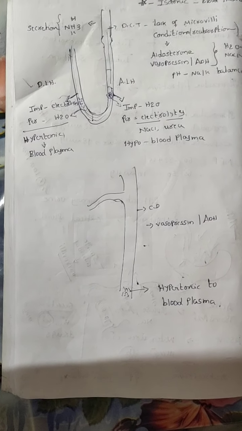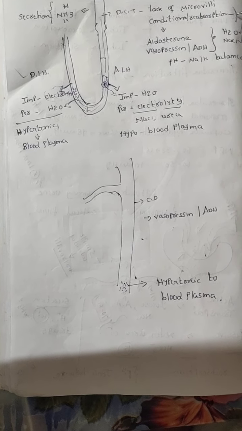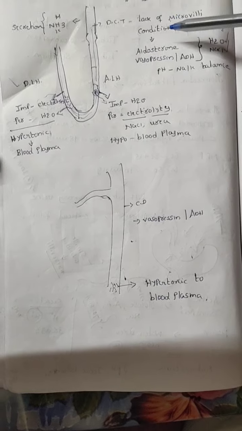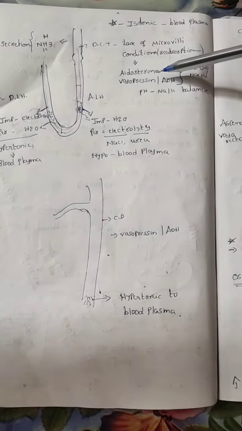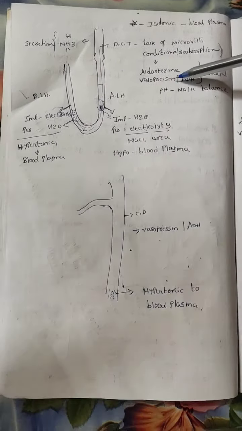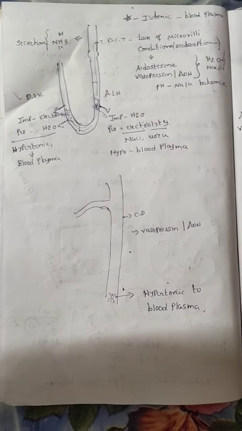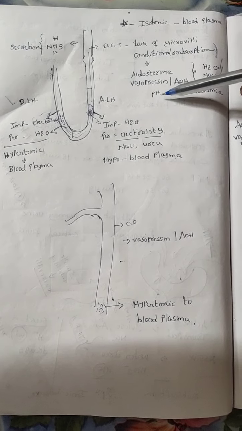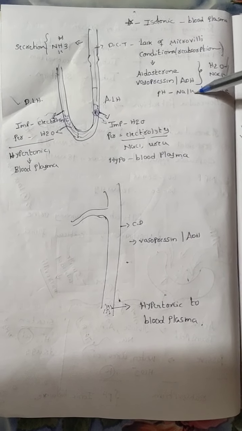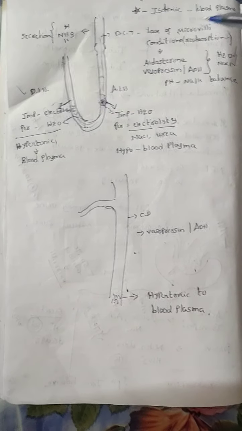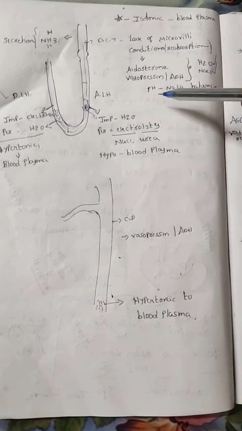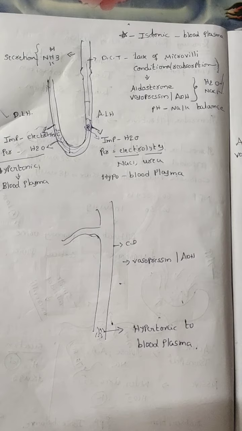Very important. In the DCT region, which type of reabsorption takes place? Conditional reabsorption, by the presence of the hormones aldosterone and vasopressin. Here it also maintains pH and sodium-potassium balance. That's why PCT and DCT both maintain the pH and ionic balance.